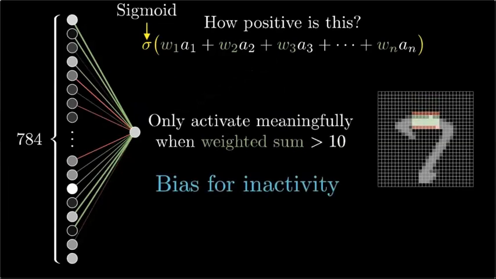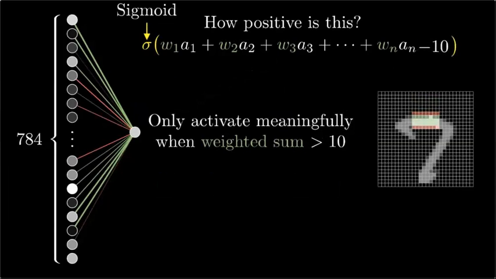What we'll do then is just add in some other number, like -10, to this weighted sum before plugging it through the sigmoid squishification function. That additional number is called the bias. So the weights tell you what pixel pattern this neuron in the second layer is picking up on, and the bias tells you how high the weighted sum needs to be before the neuron starts getting meaningfully active.